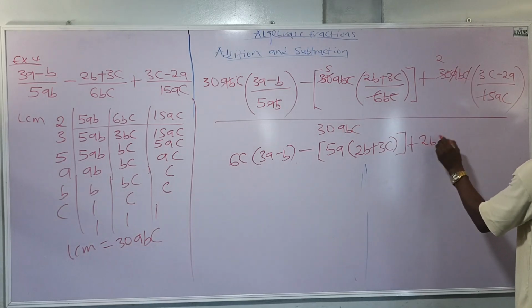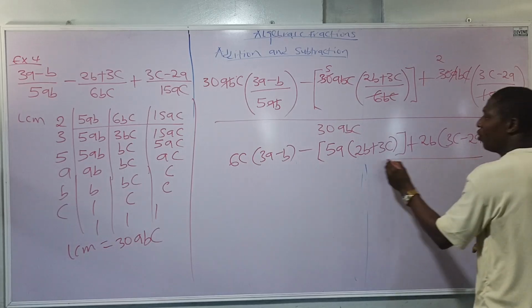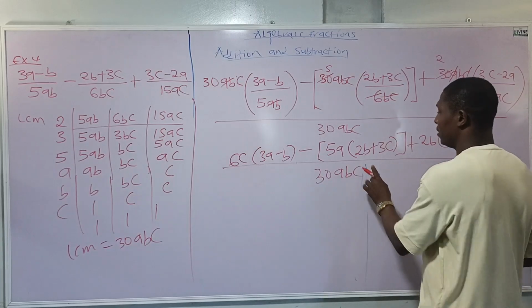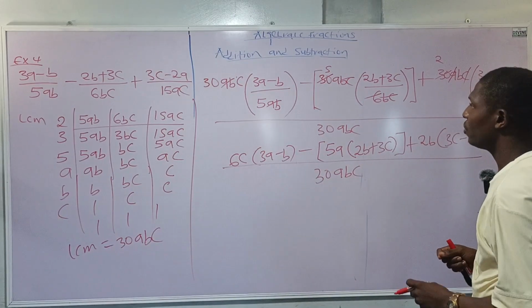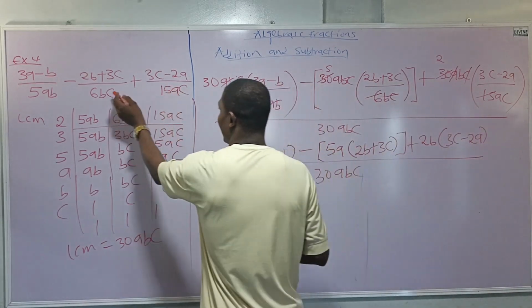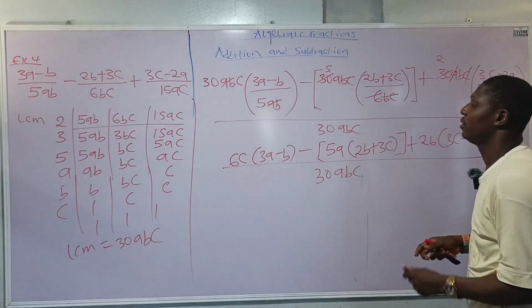I have 2b multiplying 3c minus 2a, all divided by our LCM, which is 30abc. Now you can take note, whenever LCM is taken, the values used in getting the LCM always divide the LCM without a remainder.